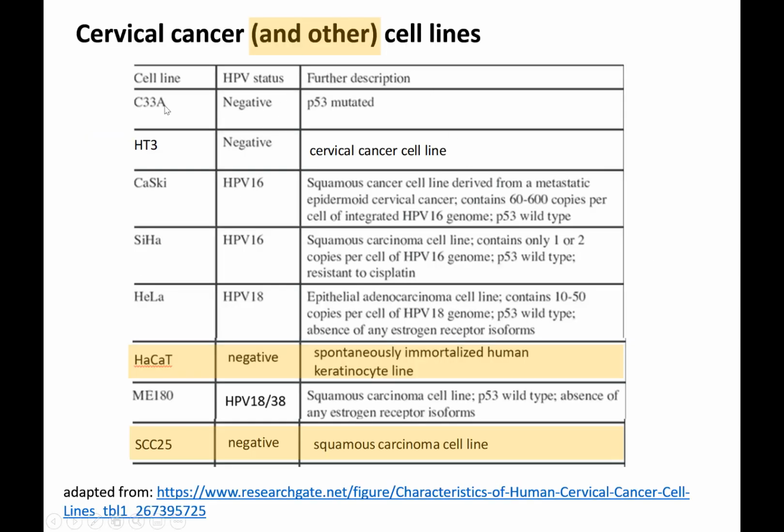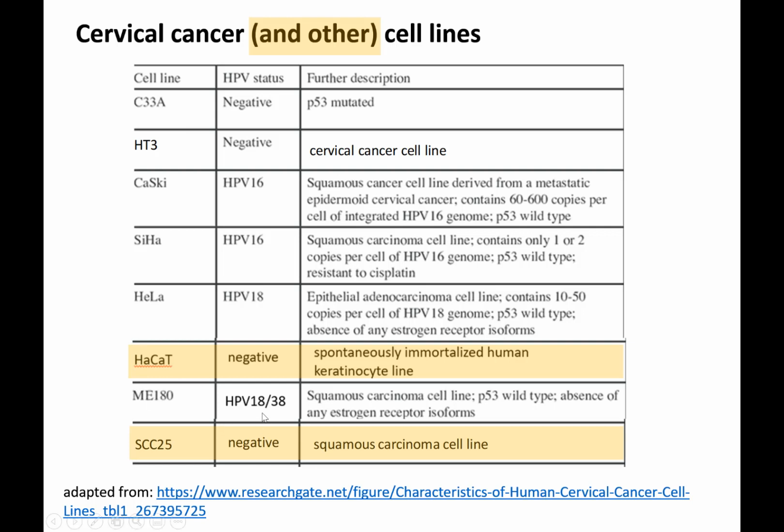Here, if you want to keep track or print this or write it down, there's a whole bunch of cell lines that they're using for in vitro studies, and some are cervical, so all the white ones are from cervical cells. The ones in yellow are from different skin, so they're not cervical.